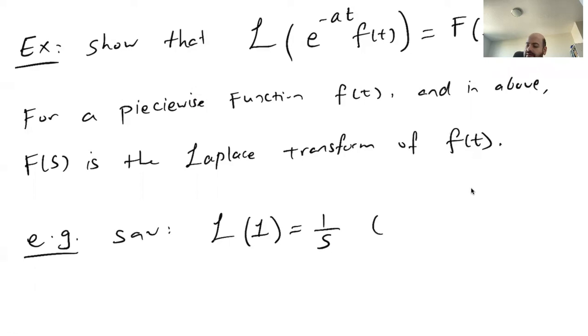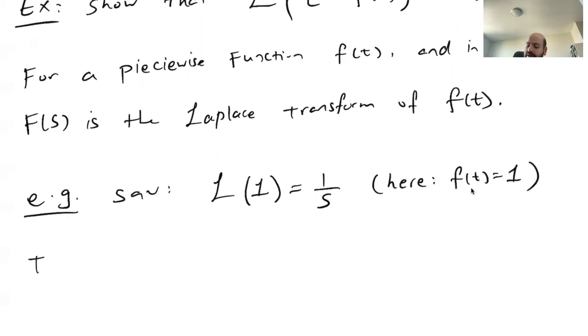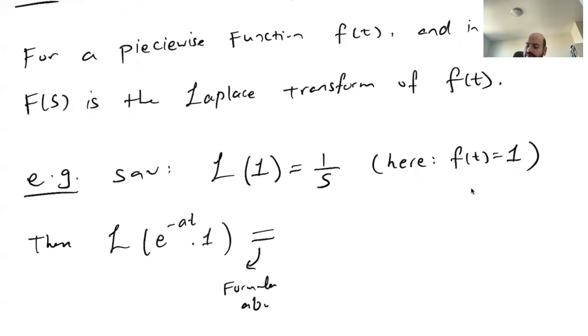So here, f of t is 1. Then the Laplace transform of e to the power minus at times 1, according to the formula above, will be equal to F of s plus a, which will be 1 over s plus a.